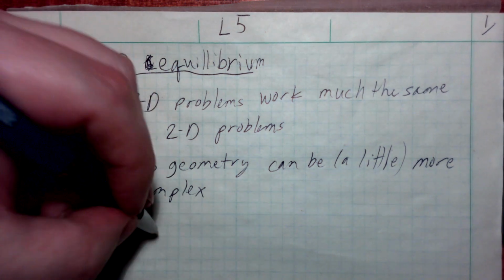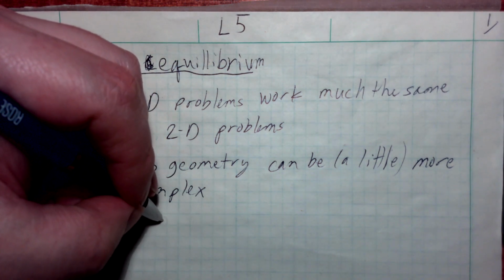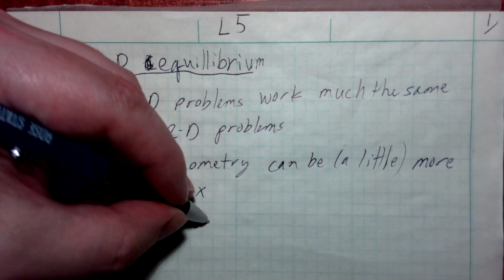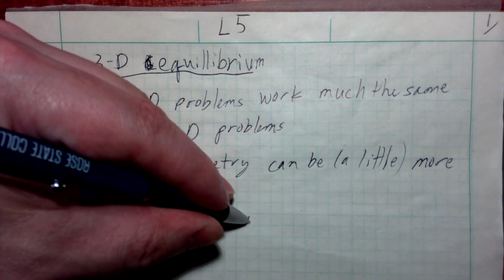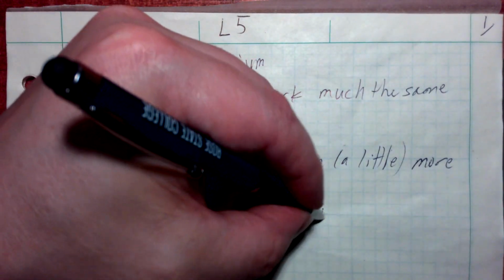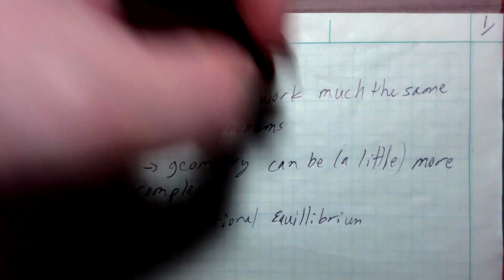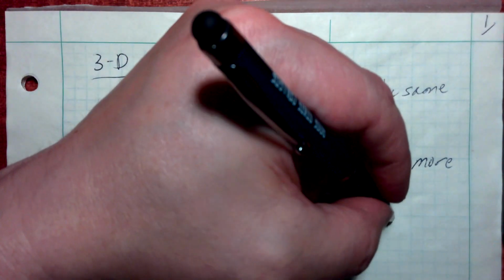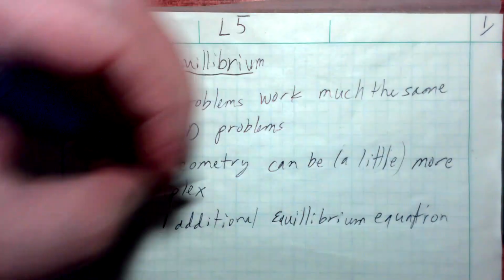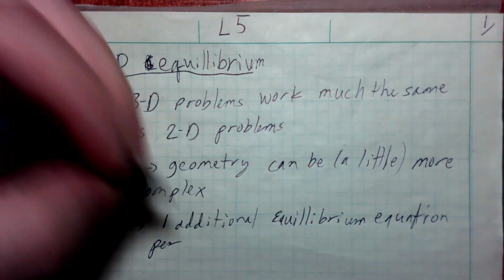The other thing is now you have one additional equilibrium equation per free body diagram.